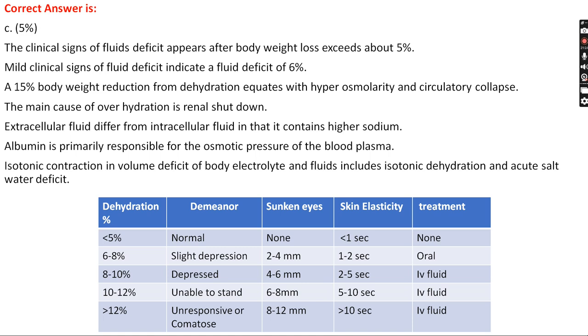If the dehydration is less than 5%, the depression state is normal, there are no sunken eyes, skin elasticity is less than 1 second, and no treatment is required. If dehydration is 6 to 8%, in cattle we see slight depression, sunken eyes of 2 to 4 mm, and skin elasticity of 1 to 2 seconds.